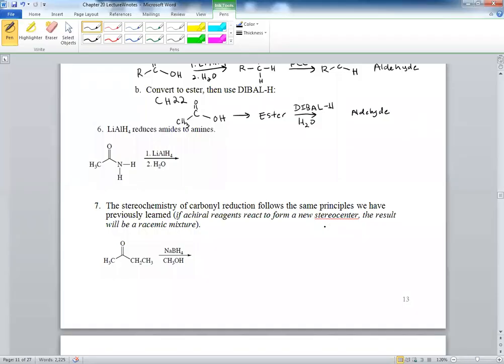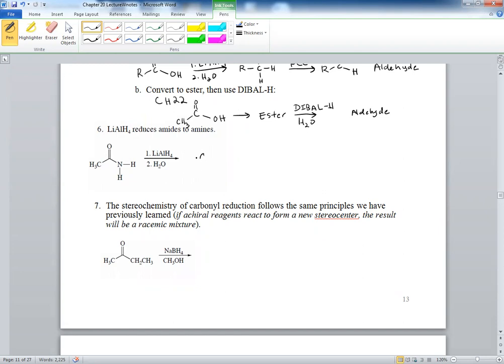Now the next reaction, we're going to finish all of these because we don't have that much left for part one. Lithium aluminum hydride reduces amides to amines. So basically what you can do very simply is replace this carbonyl carbon double bonded to the oxygen with two hydrogens.